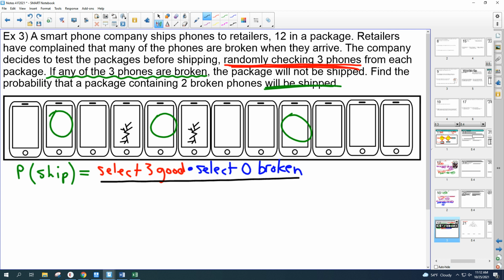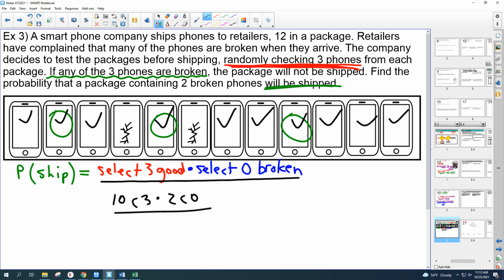So 3 good ones out of how many good ones? Yeah, there are 10 good ones. We need to select 3 of the good ones out of that. Order doesn't matter. And I guess you could say 0 broken ones out of the 2 broken ones.